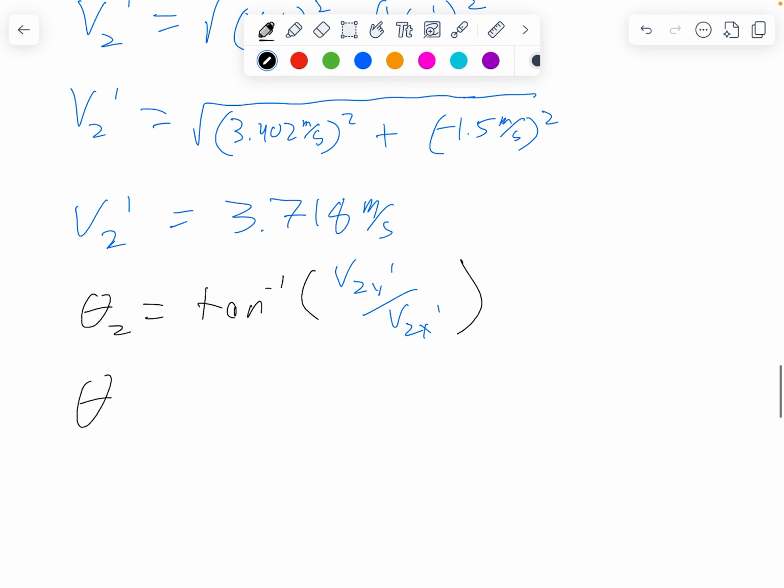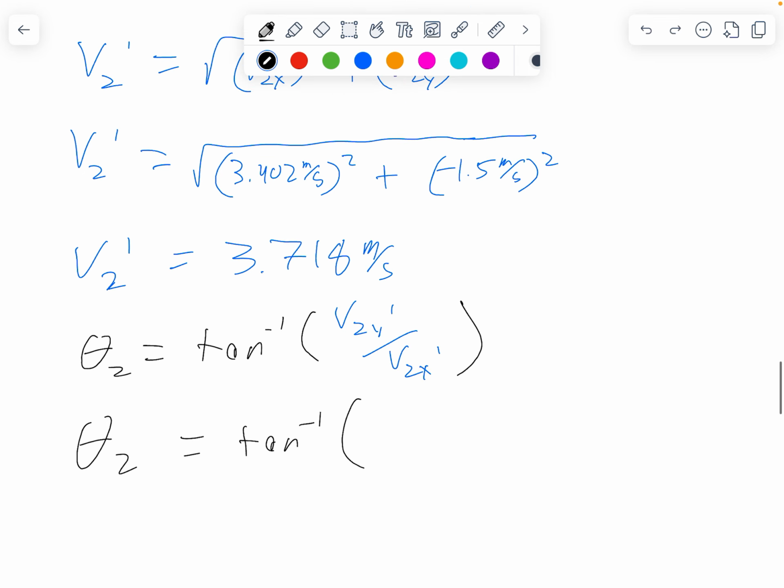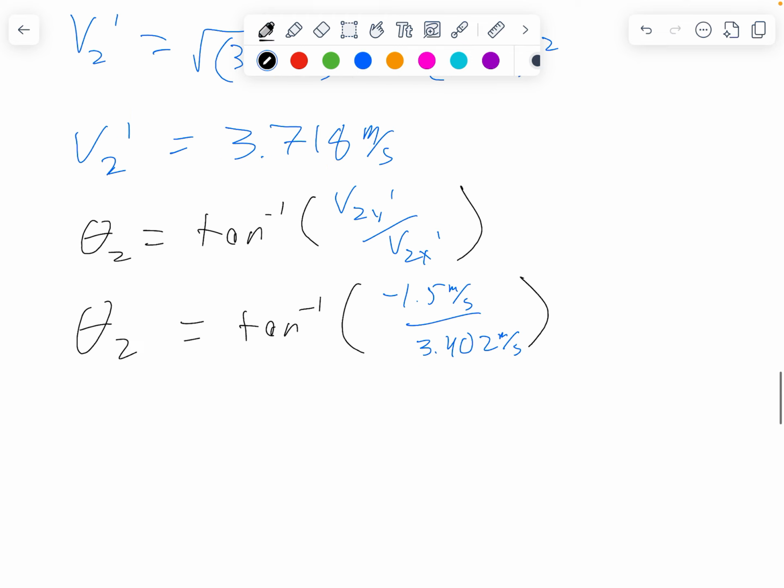It's been a little while, but we've seen this before. All right, so my y component is the one that's the negative 1.5. Oops. It just means 1.5 meters per second down. My x component is 3.402 meters per second sideways. Okay, if I take that and put that in my calculator, my calculator is going to spit out a negative 23.794 degrees.